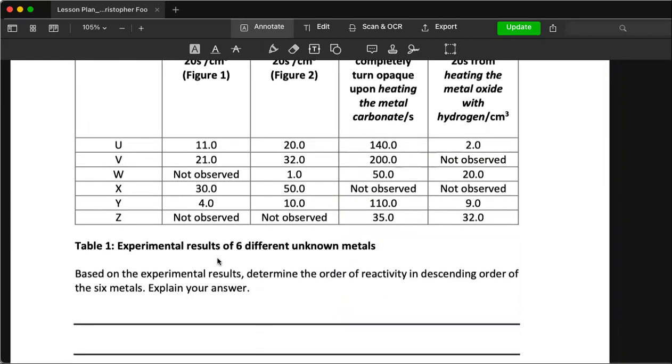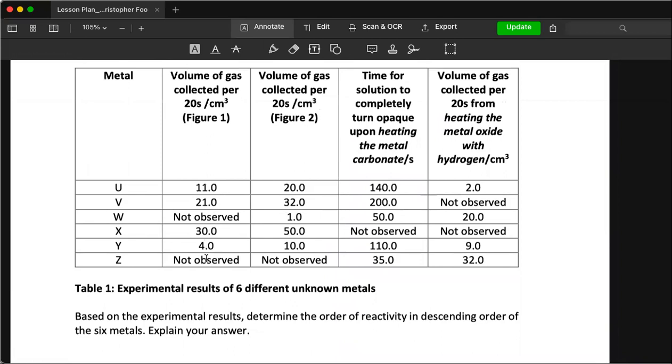Based on the first set of data, X actually produced the highest volume. So it's expected that X will have the highest volume of gas, hence it should be the most reactive, followed by V, and then U, and then Y. As for W and Z, there's no oxidation, meaning they are unreactive metals.